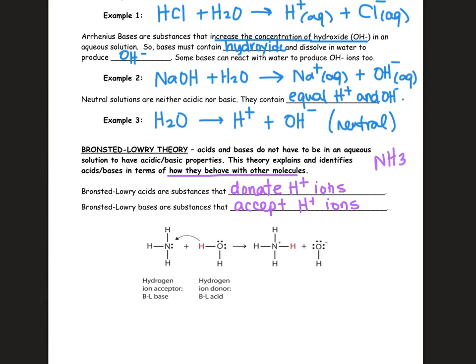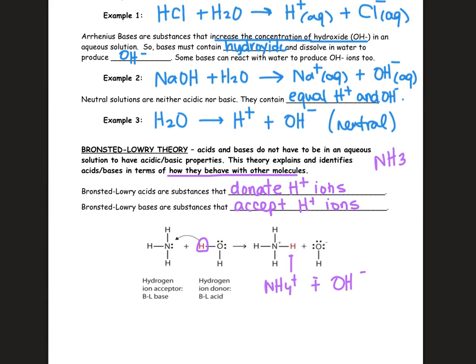So what you're going to see here is the Lewis dot structures. When I put the ammonia, NH3, into the water, this hydrogen right here of the water actually gets pulled off and added, so I end up with NH4 plus over here, and I've lost that hydrogen, so I have OH minus.